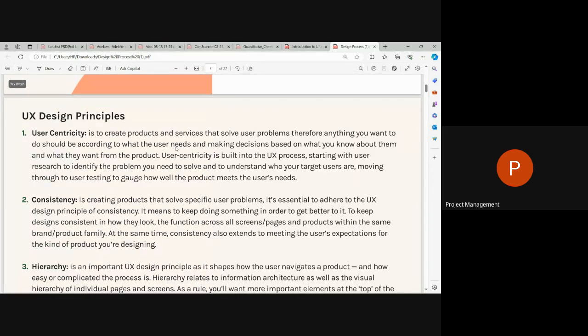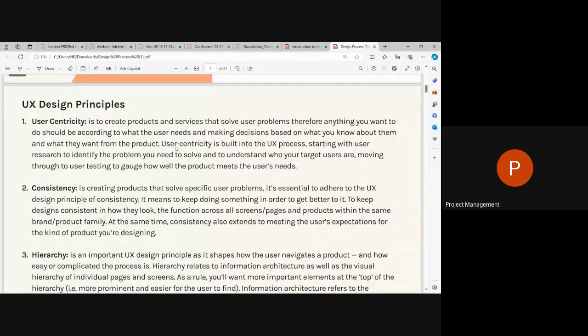The first one is user centricity, that is creating products. Whenever you're doing your research, whatever you're coming up with as a UX designer, you have to make sure that whatever you're doing is centered around the user. That is to create products and services that solve users' problems. Therefore, whatever you want to do has to be according to what the user needs.